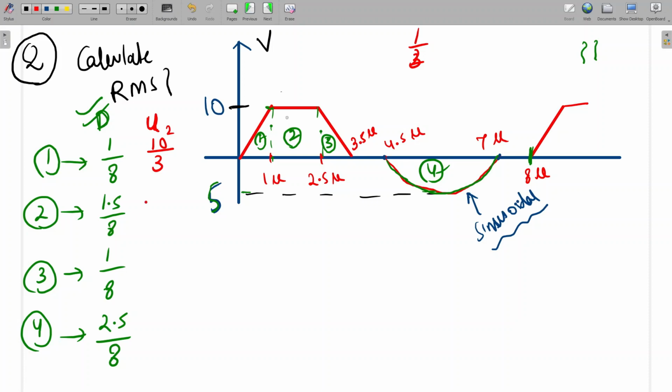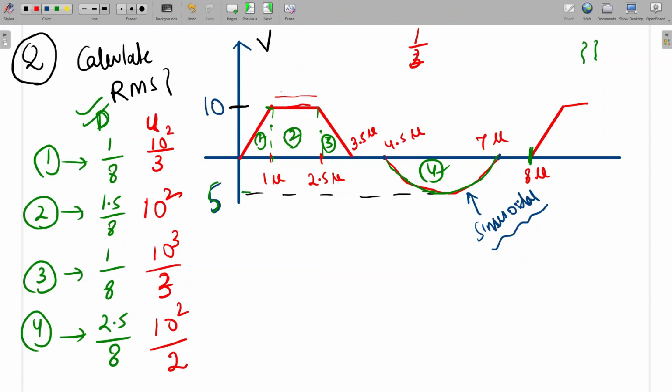So for this one, from here to here it is constant, so U will be 10 square. Here also a triangle is there, so it will be 10 square by 3. And here a sine wave is there, so it will be 10 square by 2.